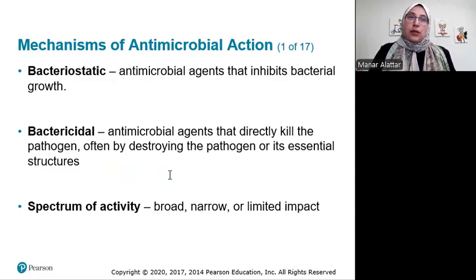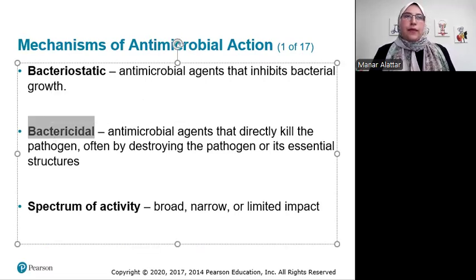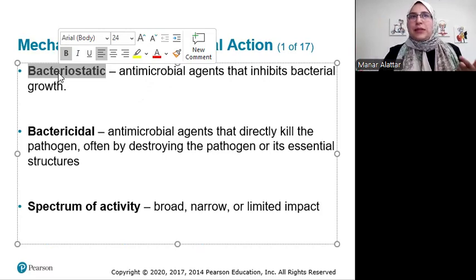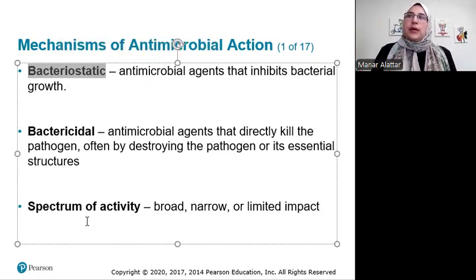There are others called bactericidal, and these will essentially kill the pathogen on site. You can think of bactericidal as an execution sentence, whereas bacteriostatic might be more like a life sentence in jail, where that pathogen is no longer able to replicate, reproduce, and continue its infection of the host, but it's still technically alive within the host.